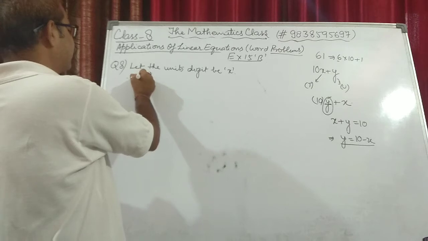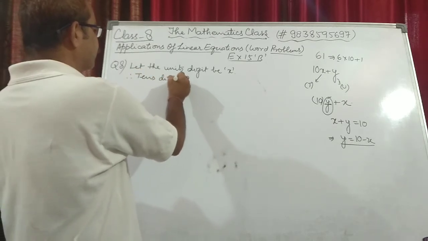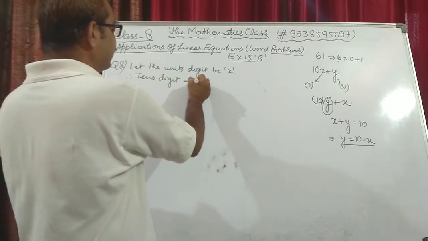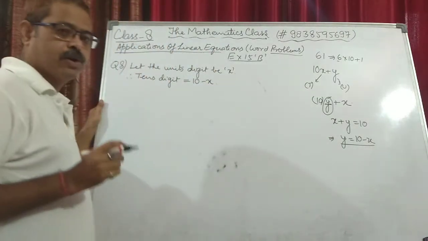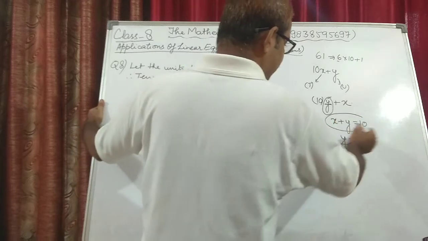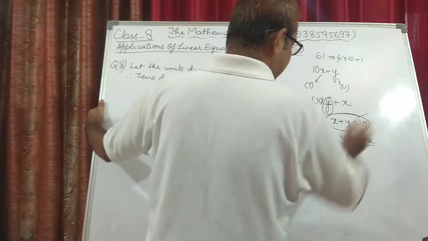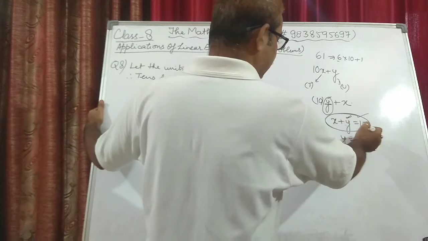Therefore, the tens digit will be 10 minus x. Why 10 minus x? Because the sum of the digits of a 2-digit number is 10. So we have to find this value in terms of x. So y will become 10 minus x.